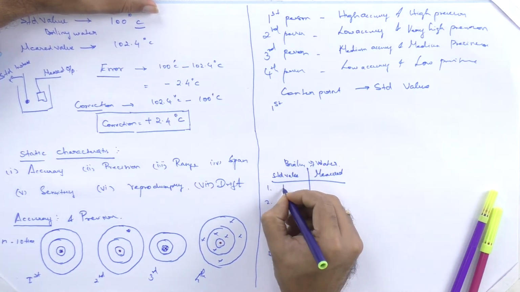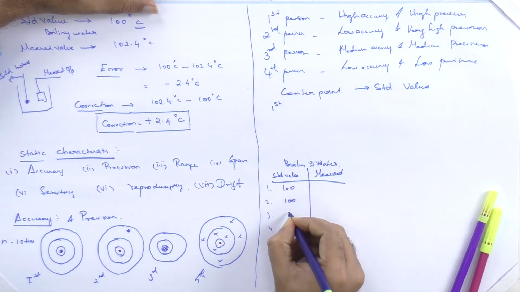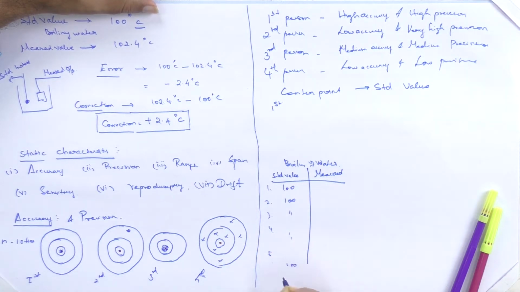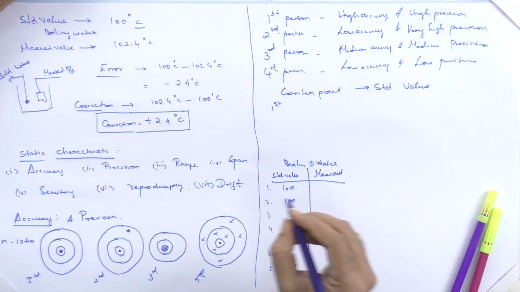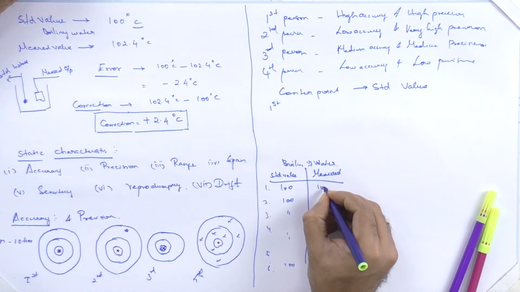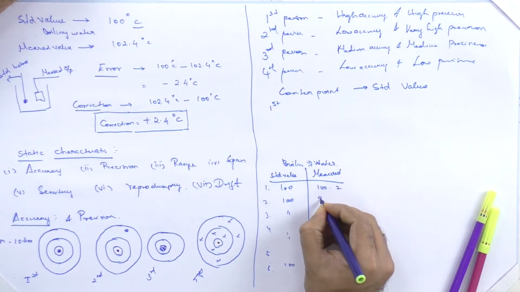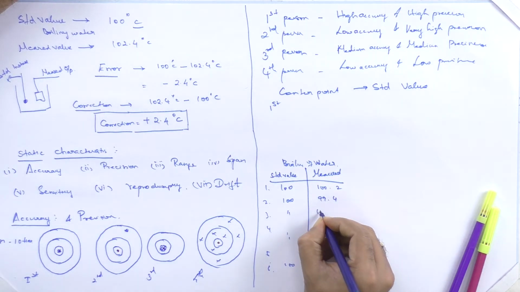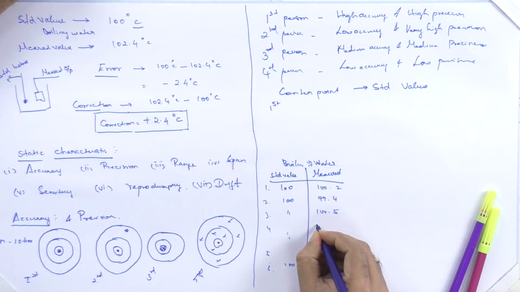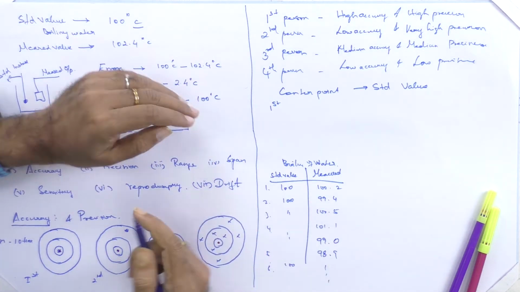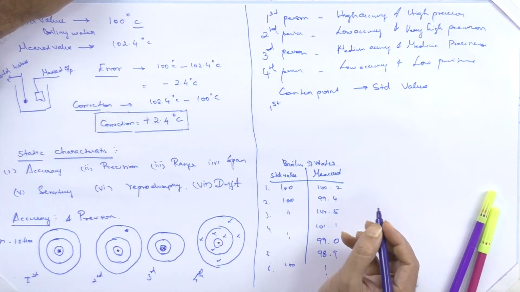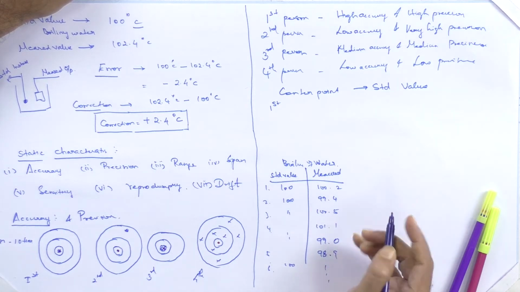The standard value will always be 100, because it's a very precise instrument. The measured values for the first one will be something like 100.2, 99.4, 100.5, 101.1, 99.0, 98.9, like this it goes on, just circulating around the center point, with high accuracy and high precision.